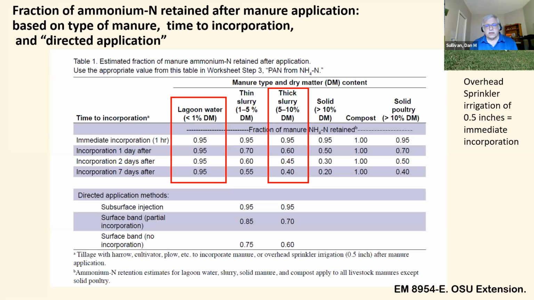Most of this difference has to do with the contact between the manure and the soil. A liquid like lagoon water infiltrates the soil, whereas a thick slurry mainly remains on the surface or on the vegetation, and so is more subject to ammonium loss. Down below are directed application methods that I'll talk about later, but these are basically ways to increase nitrogen utilization efficiency by putting the manure in contact with the soil.